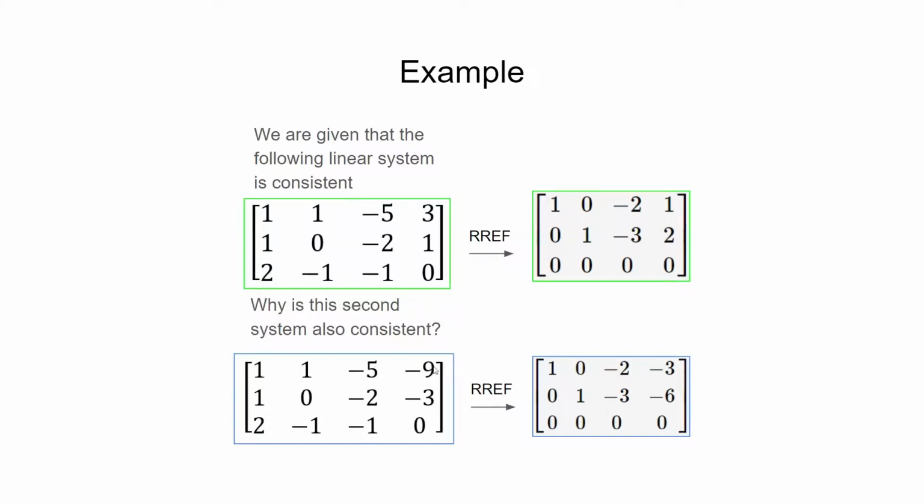But the 3 and 1 and the -9 and -3, we can obviously see that for this blue matrix, it's just a scalar multiple. It's 3 times -3 and 1 times -3 to give us these values. And here's the reduced row echelon form. But we want to show that this blue matrix is consistent without necessarily solving it. But we will do some solving just to dive deeper into the ideas.